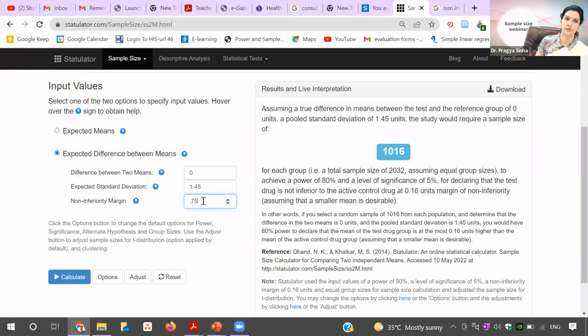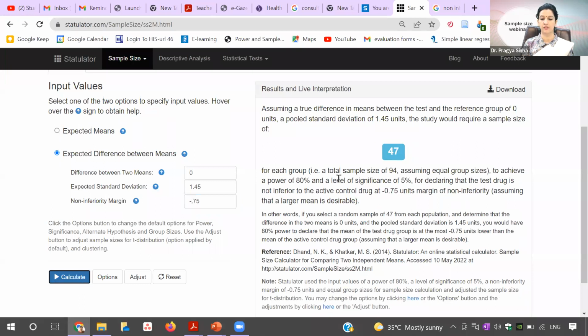Because the outcome is increased weight gain, it is a positive outcome, so I'll set this as negative. And then I may calculate this. So it is 47. You can see the description is also there.